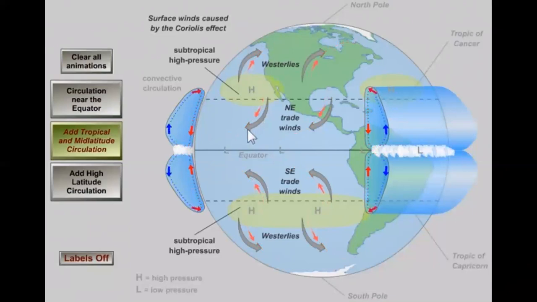Winds curve to the right of their path, north of the equator. They curve to the left of their path, south of the equator, and they end up going from east to west, or from west to east. Now the other big factor is what's happening at the poles. At the poles, the air is cold, and the cold air wants to sink.